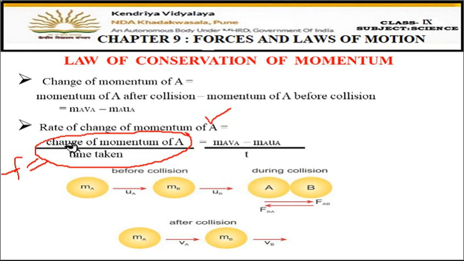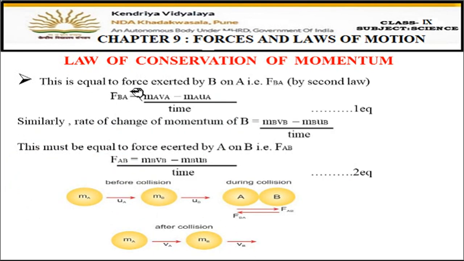So this change in the momentum of A upon time is equal to the force exerted by ball B on ball A, that is FBA, the force applied by B on A. I hope this is clear to you all, and this is our equation number 1.